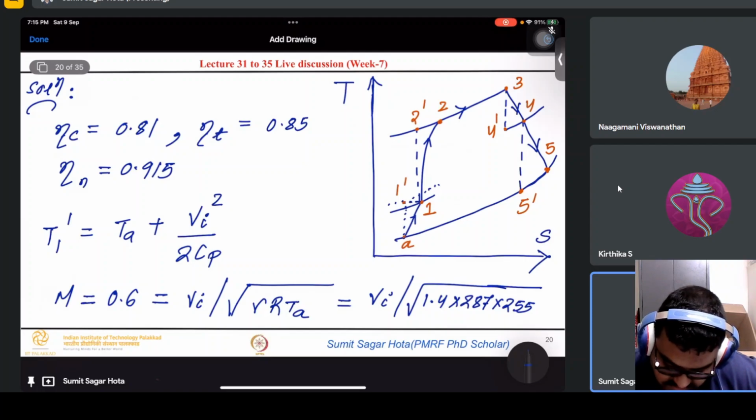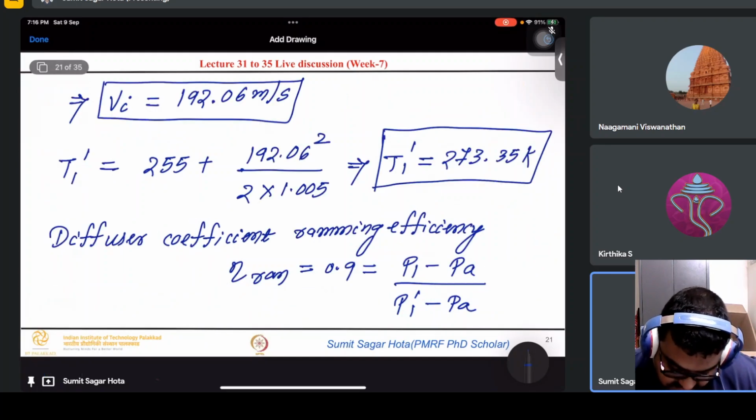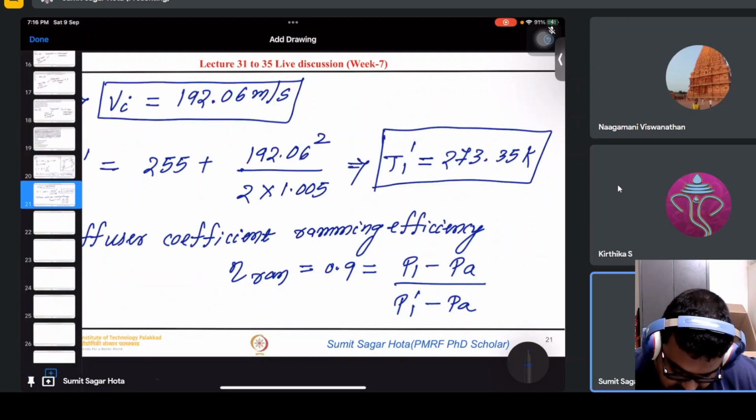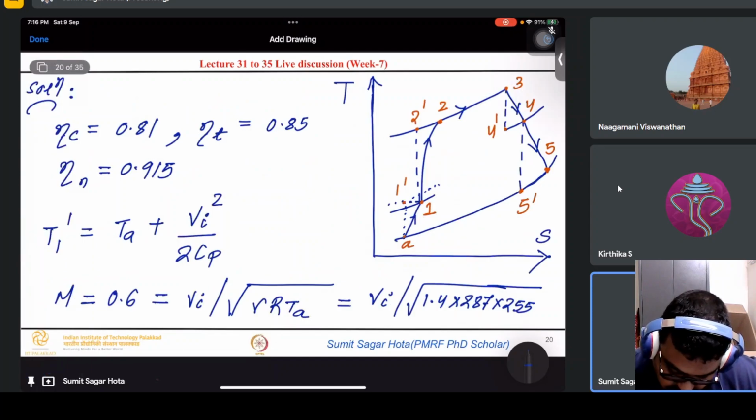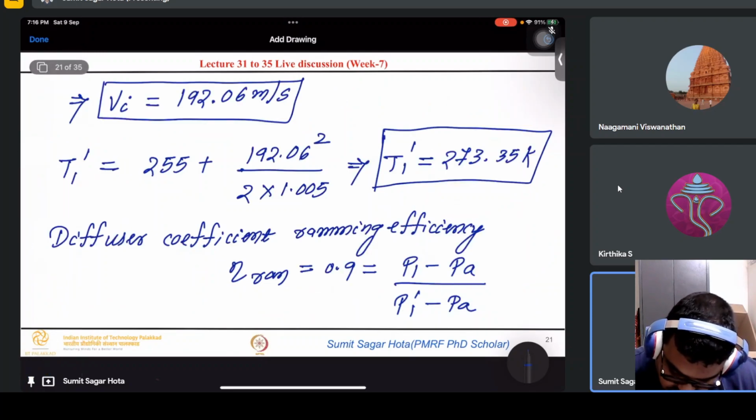This is the cycle for a turboprop engine. T1 dash, this is the formula. Here Vi we don't know, so we substitute in the formula of Mach number because we know it. So we find out Vi, put it in the T1 dash formula, then we find T1 dash.